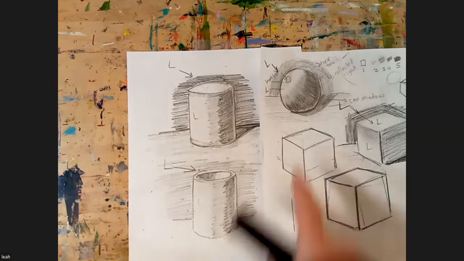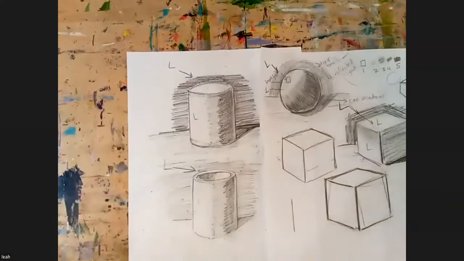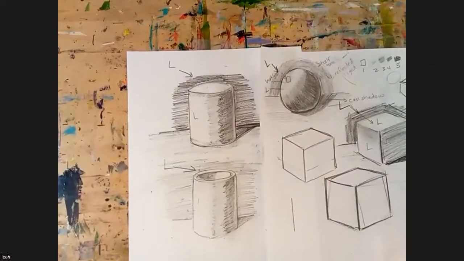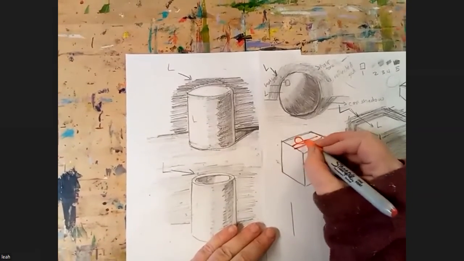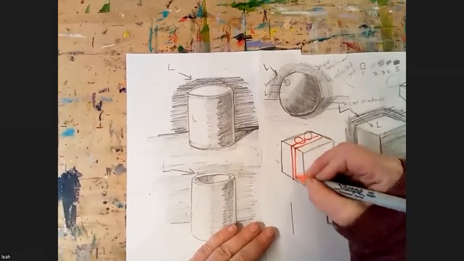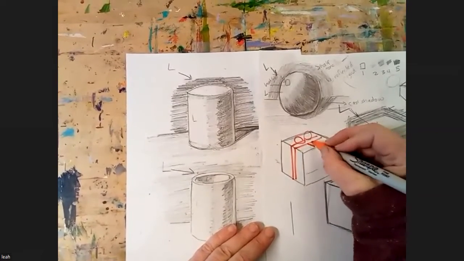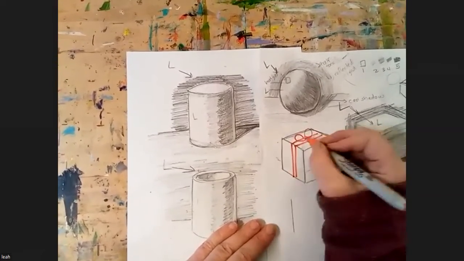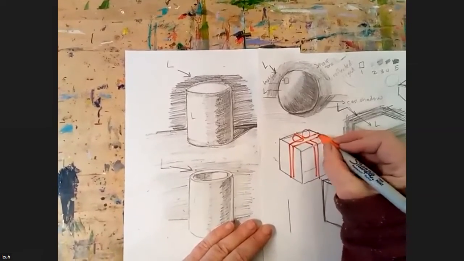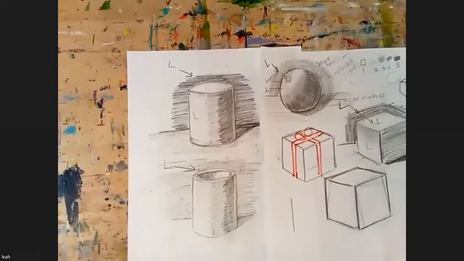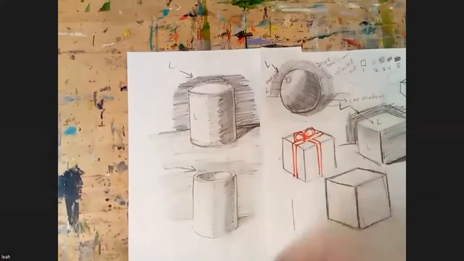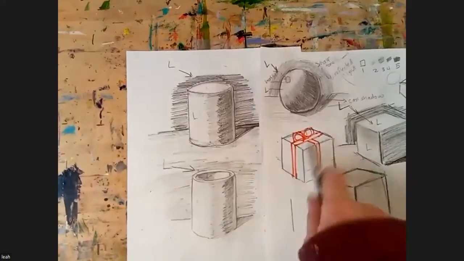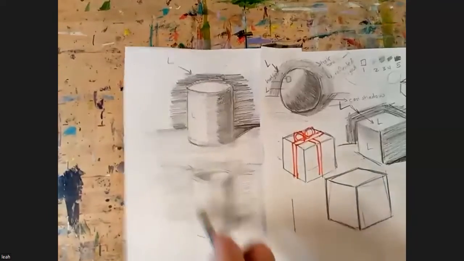But you could also do a house or a present. You could draw a ribbon. Turn it into a subject of some kind.